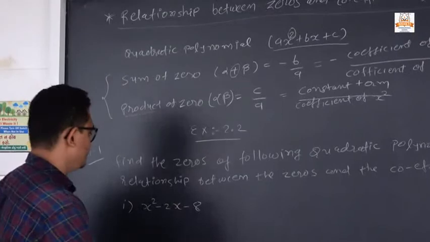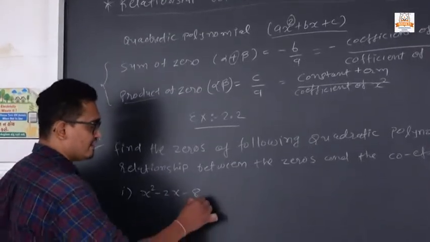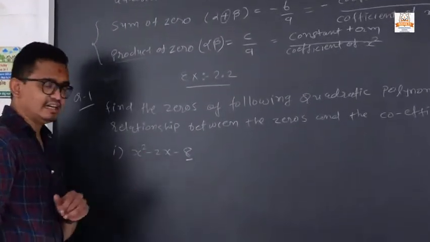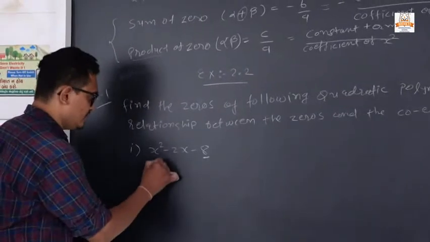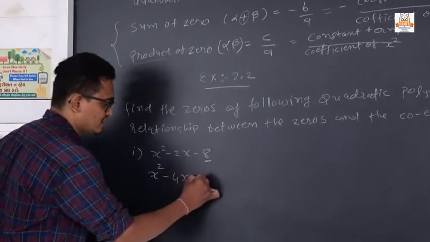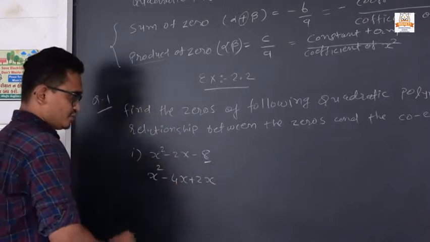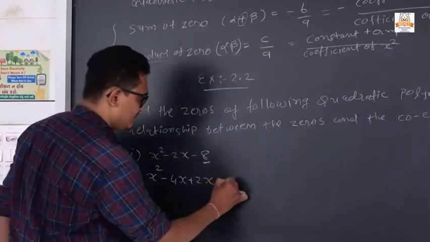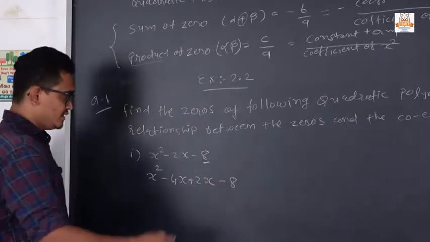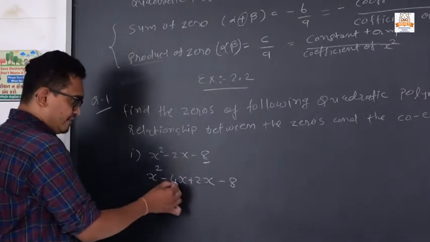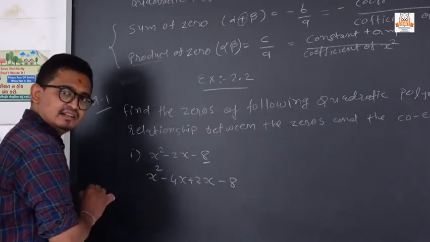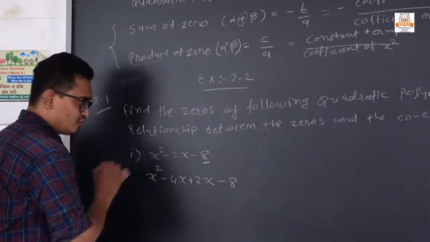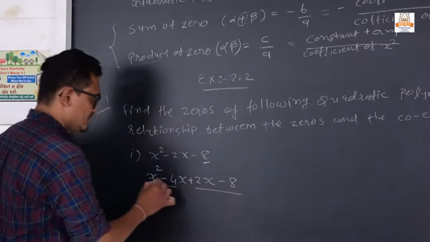Now first of all we can find the zeros. So here we have 8. So 4 twos are 8. So here we can factorize like that, 4 minus 2, 4 plus 2, because plus minus minus, so it will be minus 2, and 8 will be same. So 8 we can factorize like 4 twos are. Clear? Now which is the common?